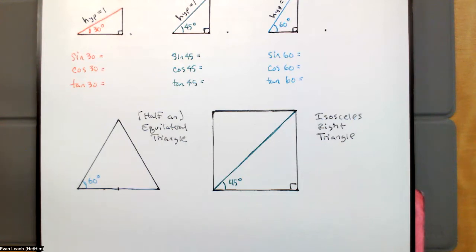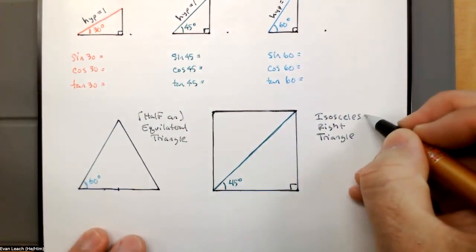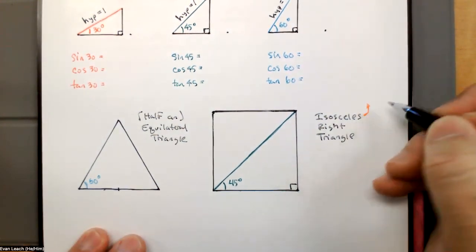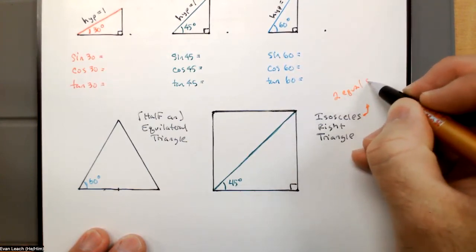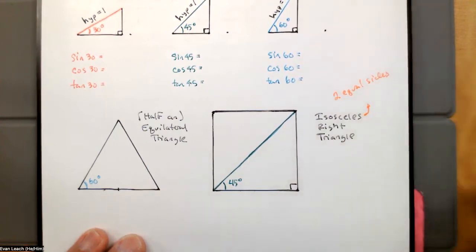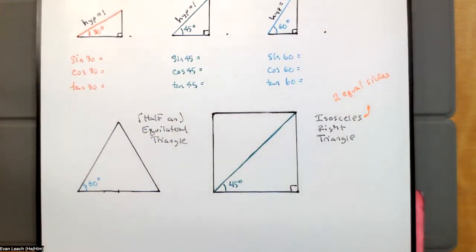An isosceles triangle just means two sides are the same length. So isosceles just means two equal sides. This also means two equal angles.